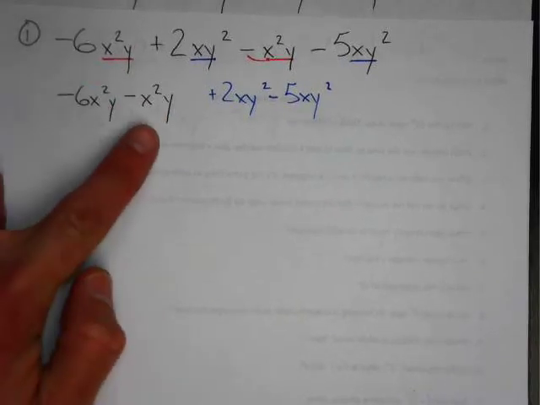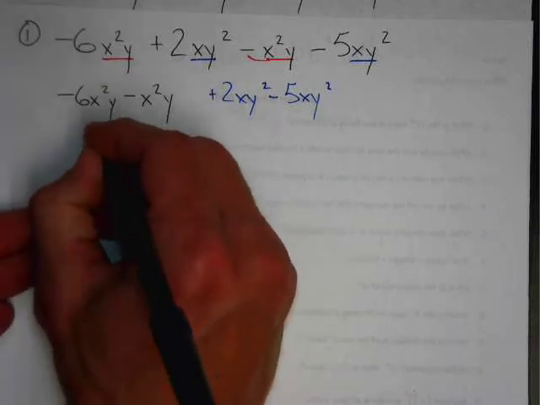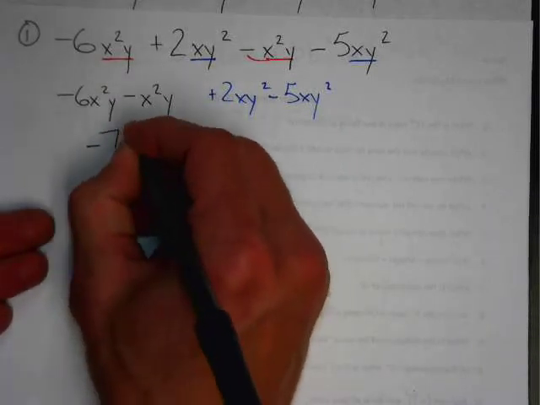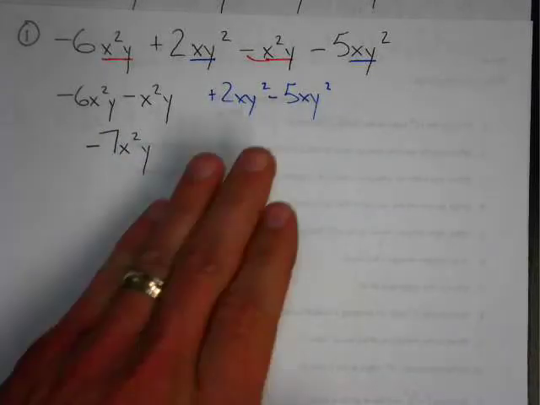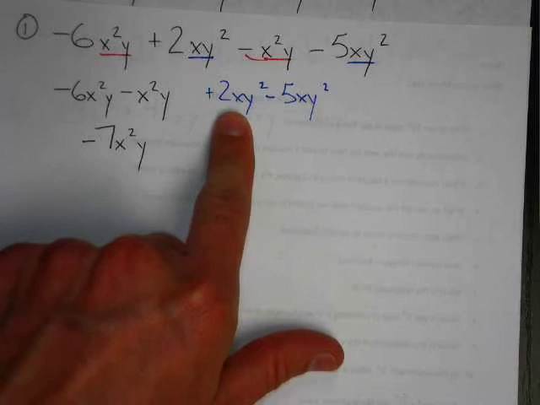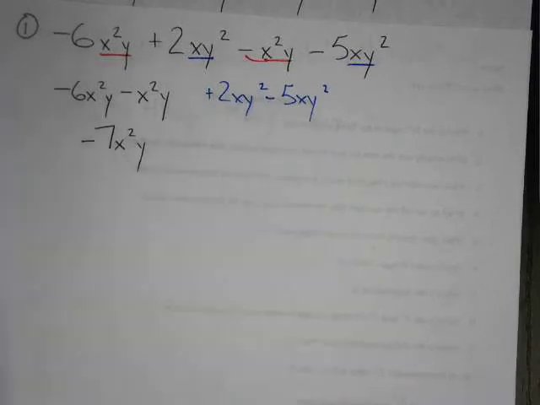We're taking one of them away, so we're looking at -6 minus 1. Okay, so we're thinking -6 minus 1 is -7. So how many x squared y's are there? -7. And now we have plus 2 xy squareds, and we're taking away 5 xy squareds. So what's 2 minus 5? Of course, -3.